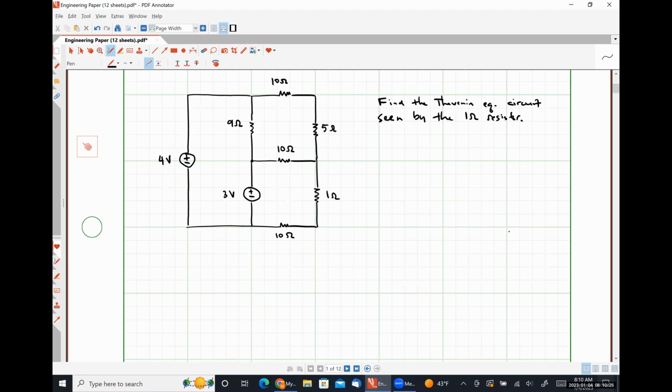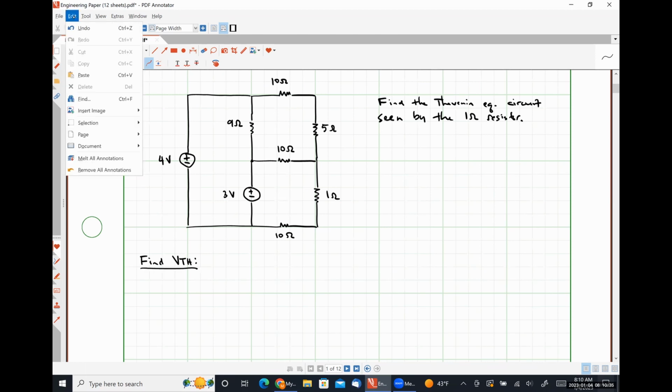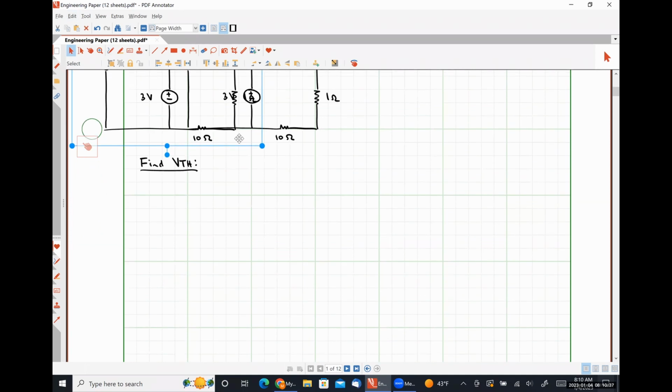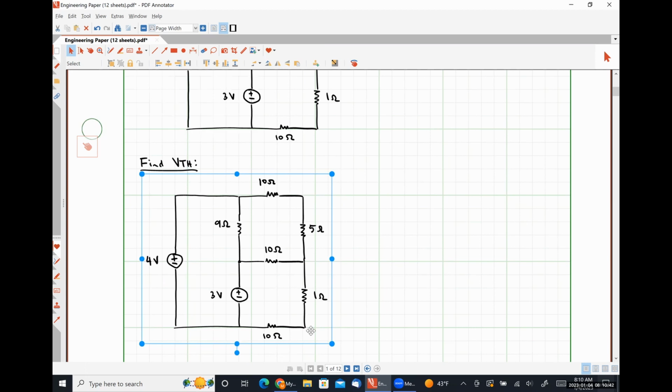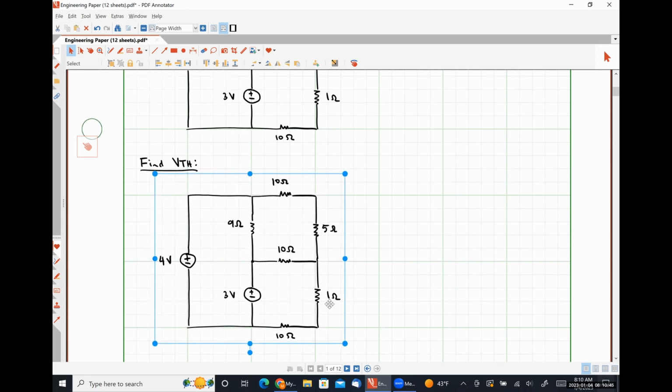All right. So the first thing that we're going to find is our Thevenin equivalent voltage. So I'm going to paste my circuit here. So when we are finding the Thevenin equivalent circuit with respect to a circuit element, like a resistor, we take our resistor of interest out of the circuit, okay?